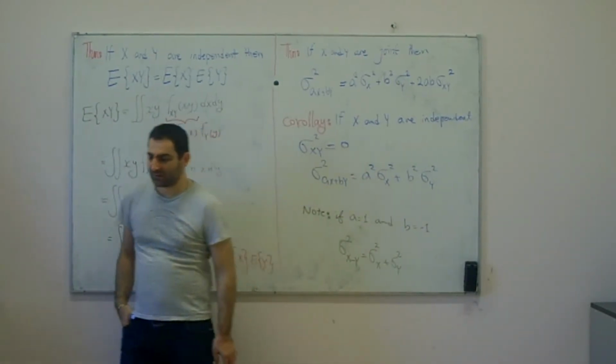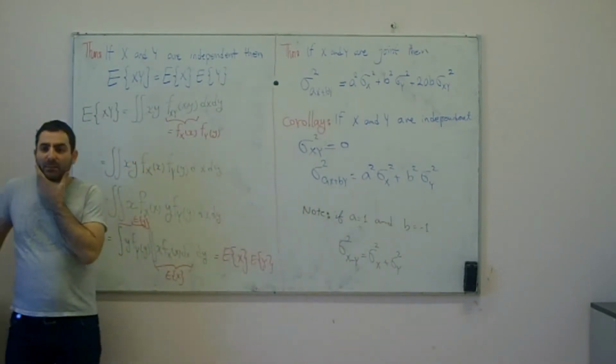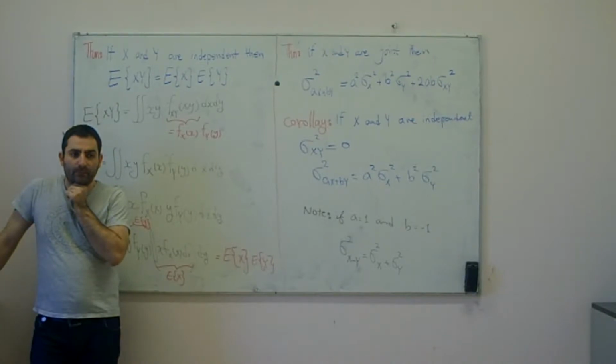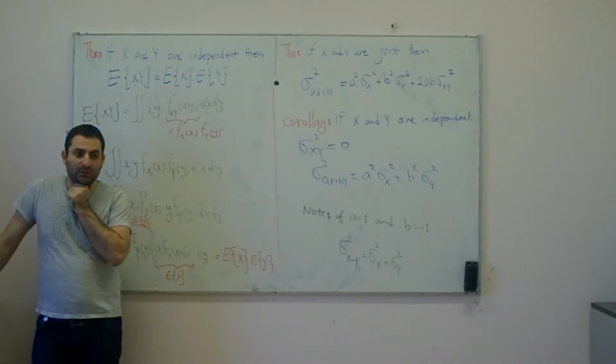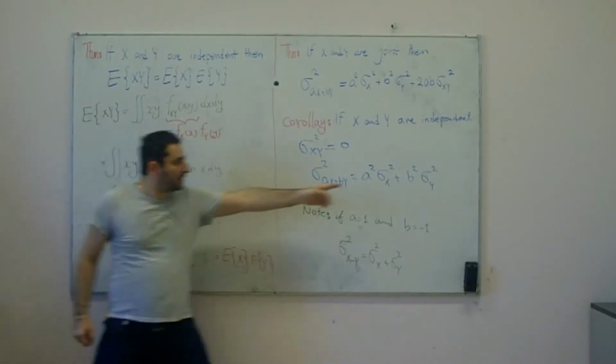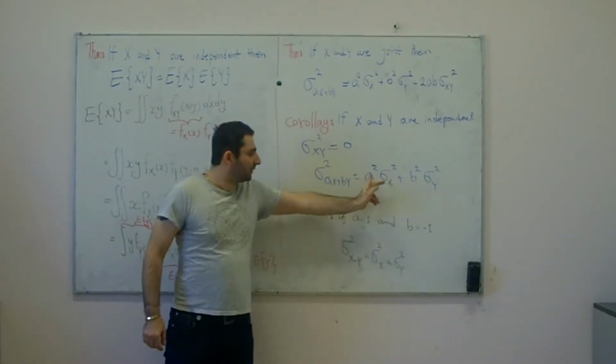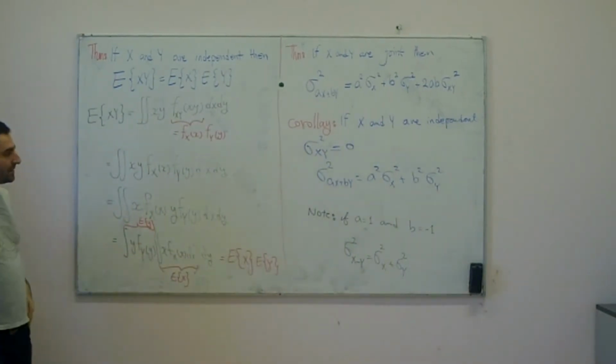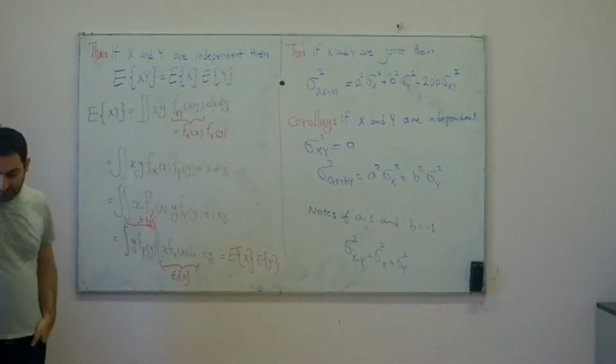The variances will not be subtracted. What would that mean? We should subtract that? No, because we have a squared here, whereas in the mean we don't have the square. We have a mu x plus b mu y, and b is minus 1.